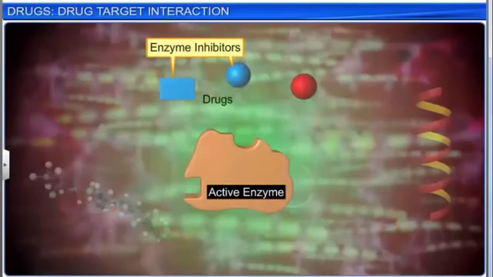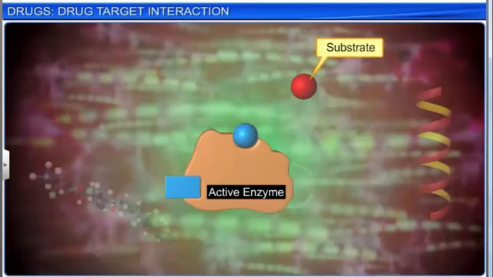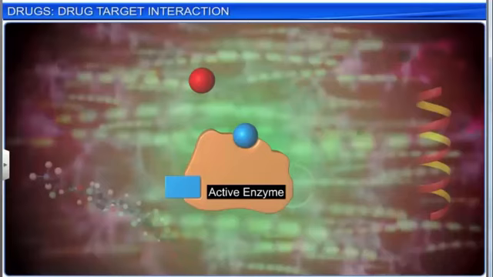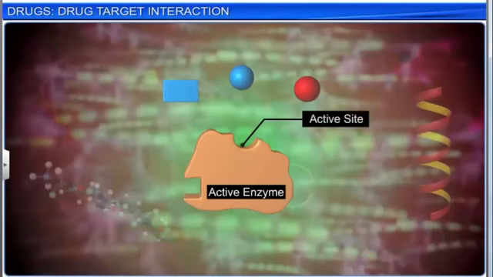Drugs known as enzyme inhibitors can block the binding site of the enzyme and prevent the binding of a substrate to it, or inhibit its catalytic action. Drugs inhibit the attachment of a substrate on the active site of an enzyme in two different ways.